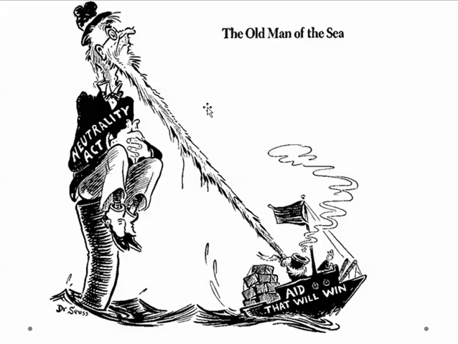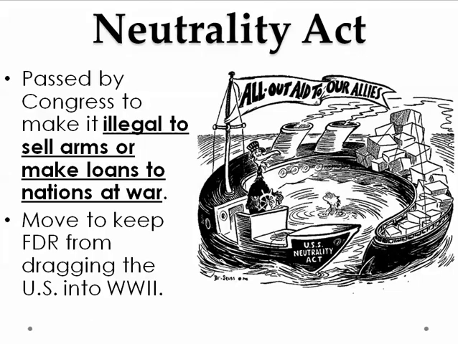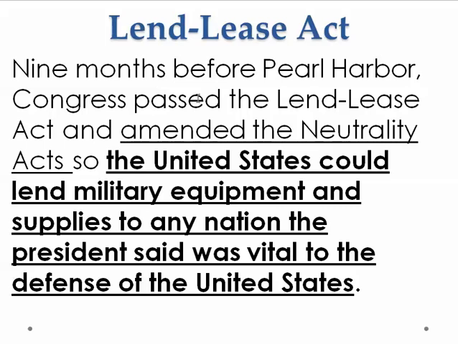Here's a cartoon representing this. Look at this: neutrality acts, old man of the sea. FDR here is trying to get aid to Great Britain, but the old man, isolationism or neutrality, doesn't want to go. So it's going to take a while to get that Neutrality Act reversed, and eventually he gets them to pass the Lend-Lease Act, which gives him the authority to send military equipment, whatever is needed, to Great Britain.